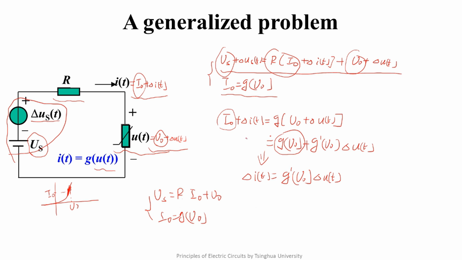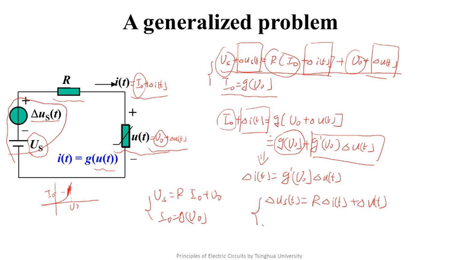Apart from this, we find that there are such a pile of items. We can write them down as delta UST equals R times delta IT plus delta UT. In addition, we can also write the small signal relationship.